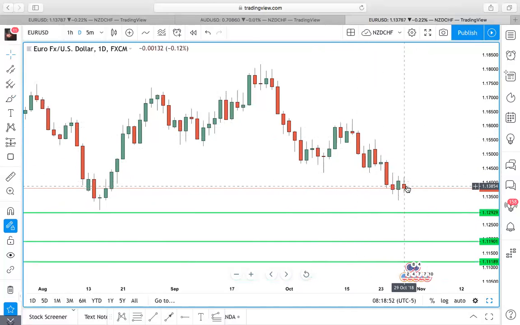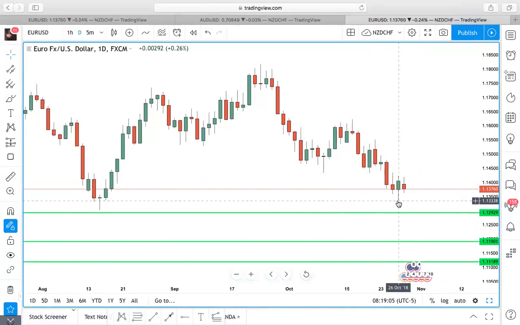I'll try to update this one tomorrow just to show you what happens if we get an inside bar here. So wherever this closes today, as long as it closes above here, we're going to get a drop, and then the banks are going to buy in heavy on this one.